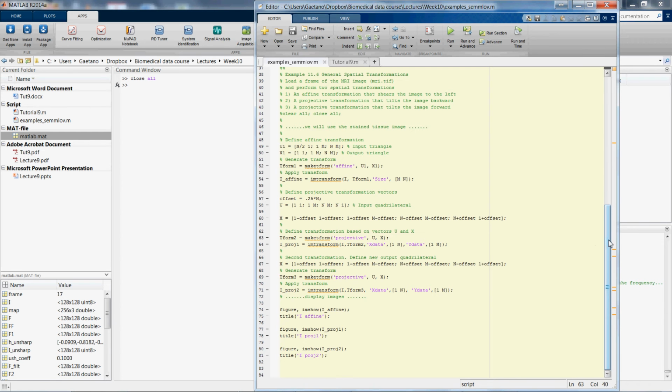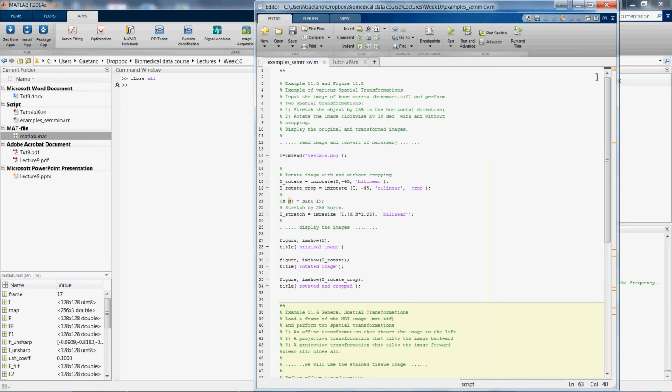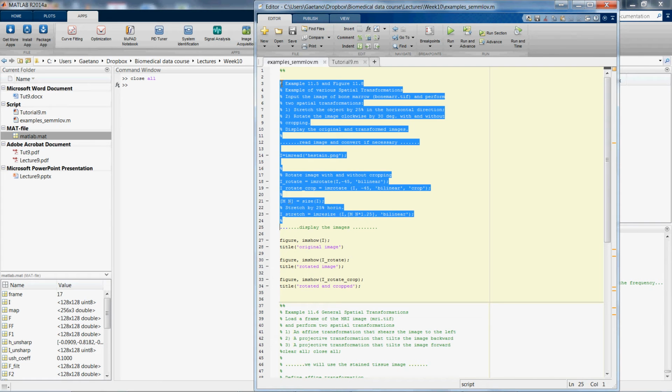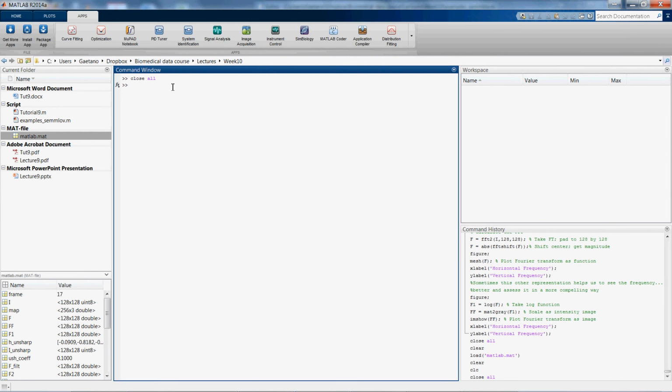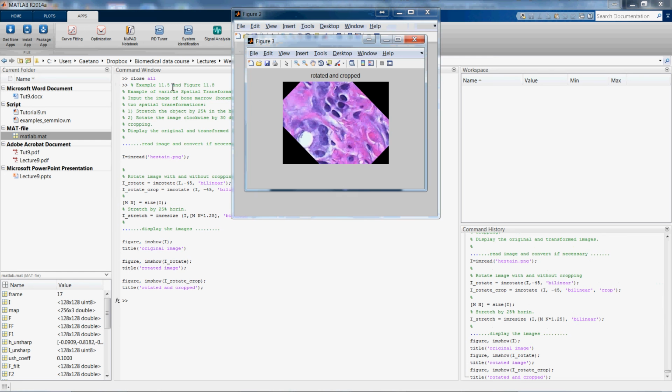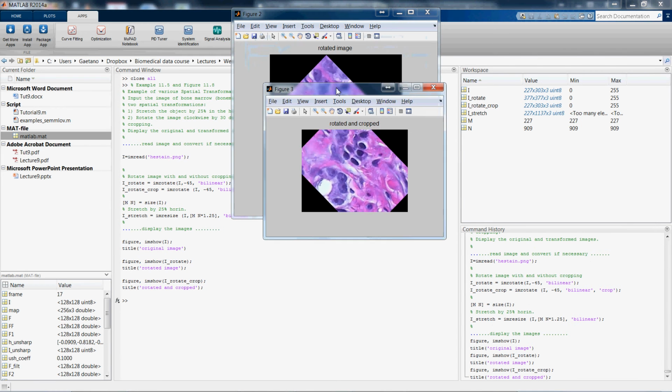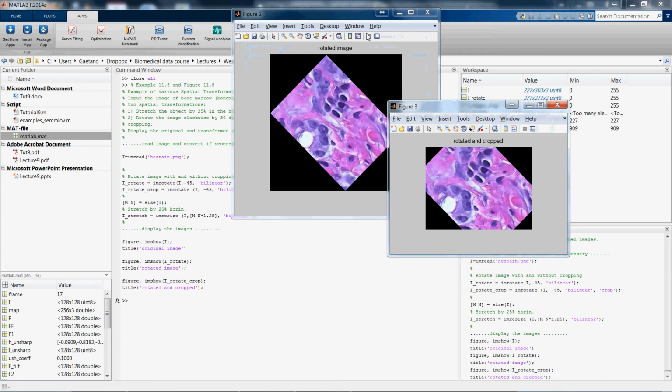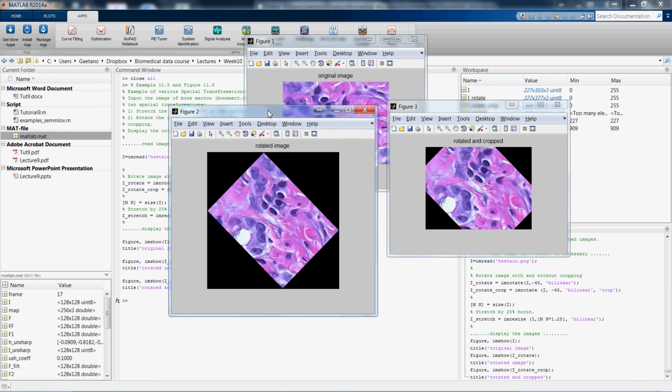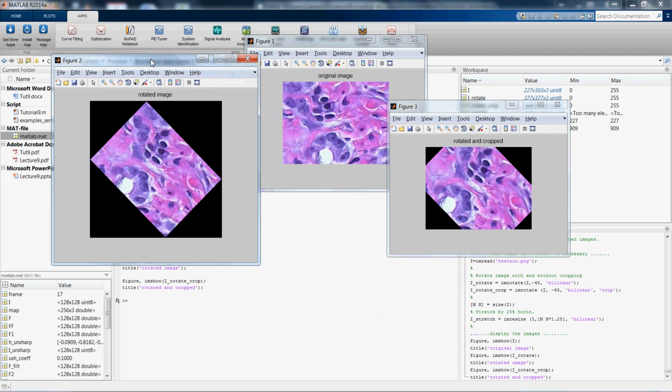So these are some examples that you also can find in the book. Particularly this one was introduced in the past lecture. And this is the typical affine transform of rotation.